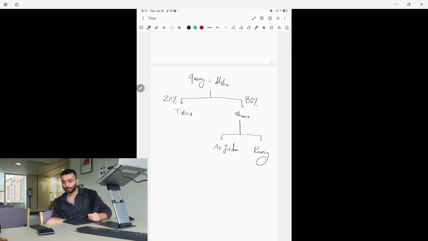Is it Air Jordan or Air Force? Both of them, right? Yes, Air Jordan. So what is the other one? The white sneakers?